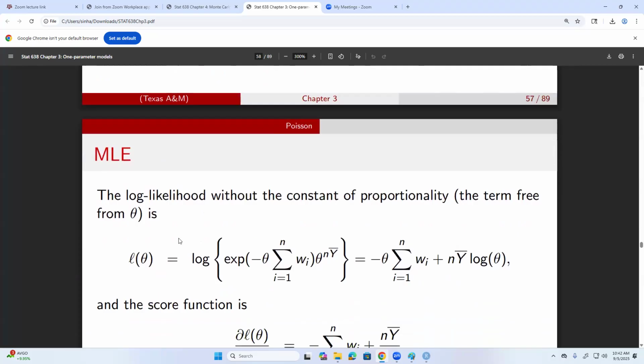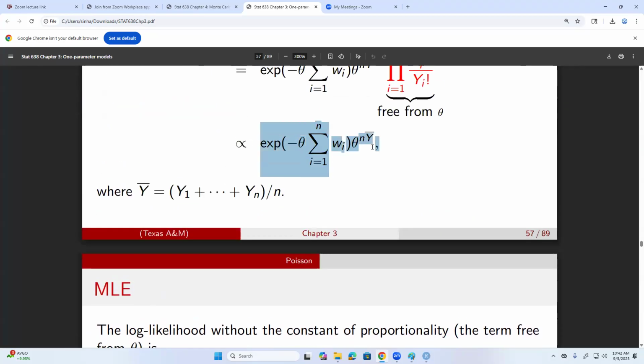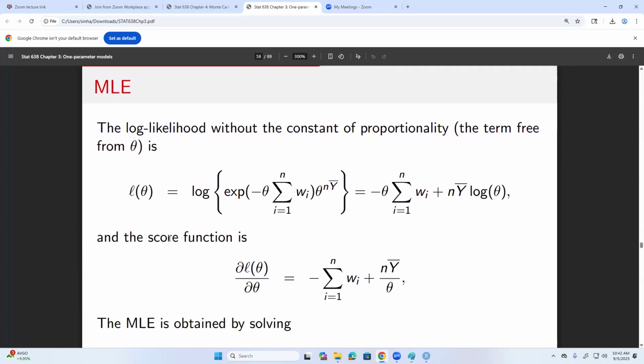How do you obtain the MLE? First, you take the log of the likelihood. So l of theta is the log of this entire expression, ignoring the constant term. The first thing you do is take the derivative, which we call the score function, the derivative of the log likelihood.